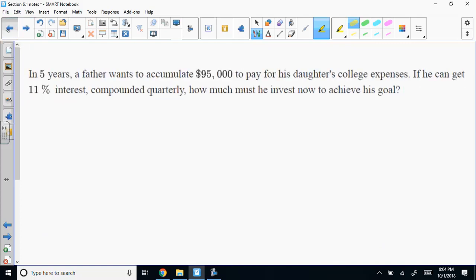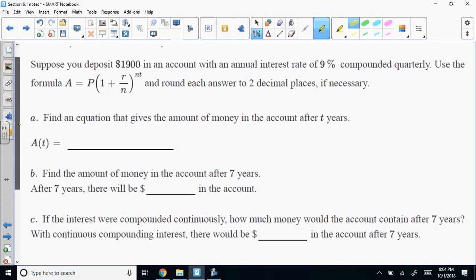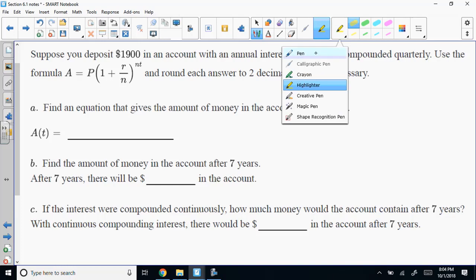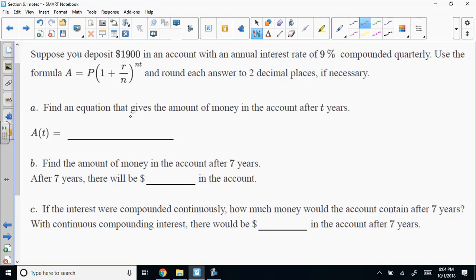Suppose $1,900 in an account with an interest rate of 9% is compounded quarterly. Use the formula that's given and round each answer to 2 decimal places. We're dealing with money, should be 2, right? So find the equation that gives the amount of money in t years. So we're gonna plug this in, right?